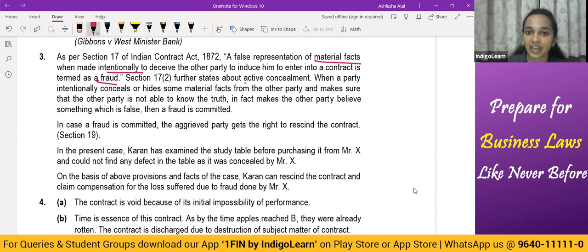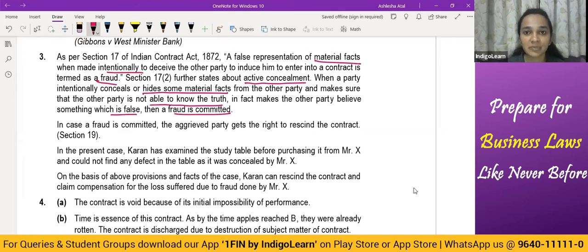It also states about active concealment. Where a party intentionally conceals or hides some material facts from the other party and makes sure that the other party is not able to know the truth, in fact makes the other party believe something which is false, then a fraud is committed.